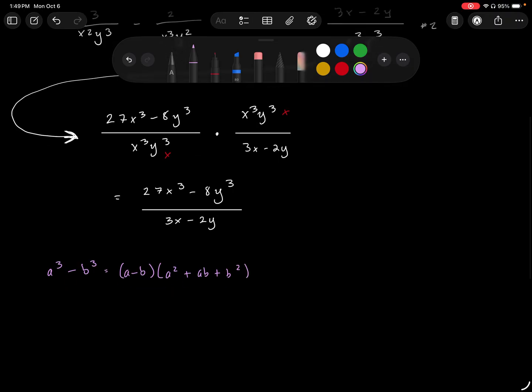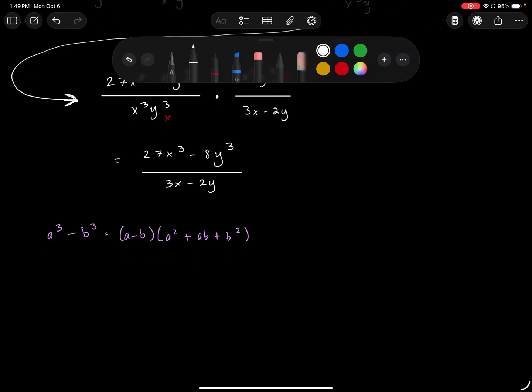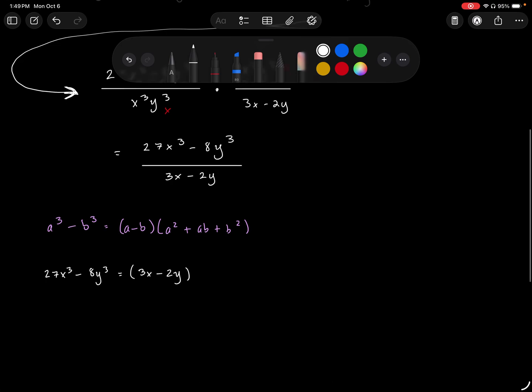So this is the difference of cubes. So in this case, I'm writing 27x cubed minus 8y cubed is equal to 3x minus 2y, because again, it's the a minus b part.